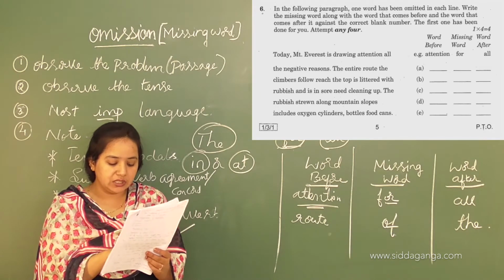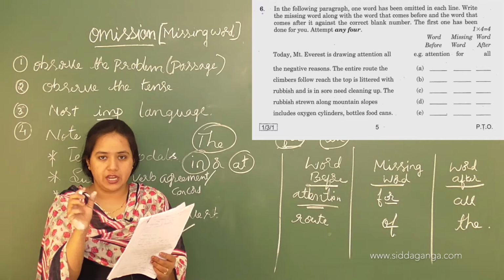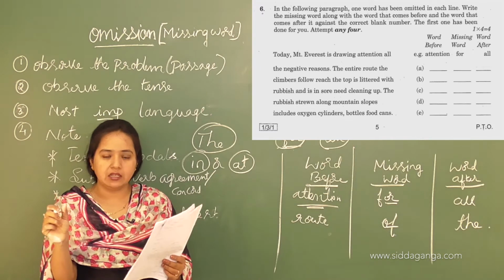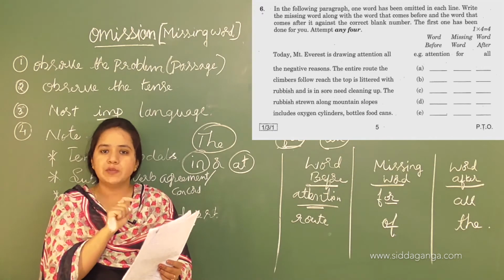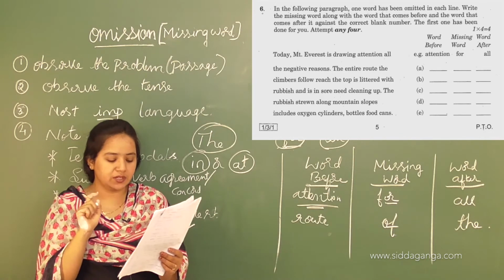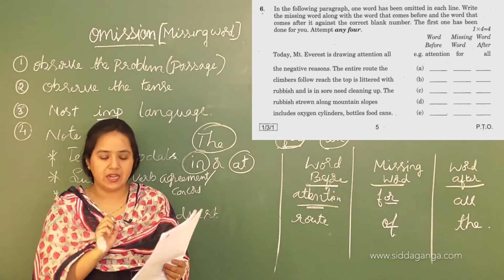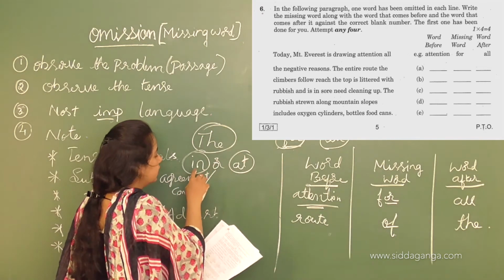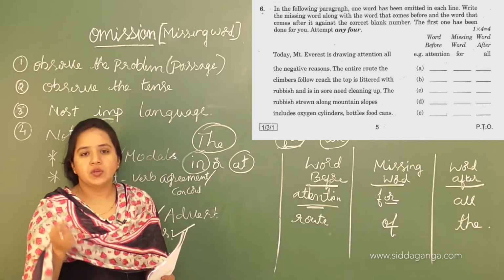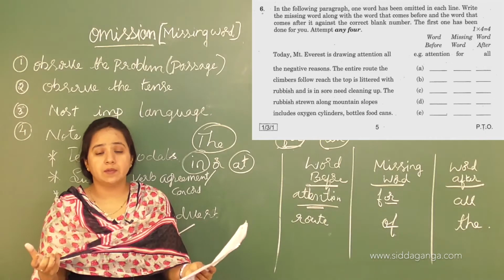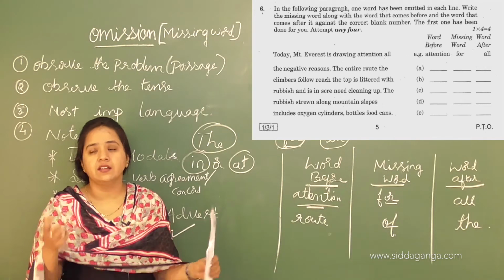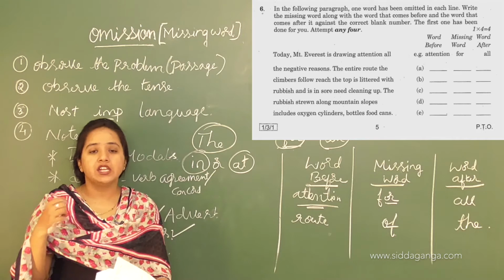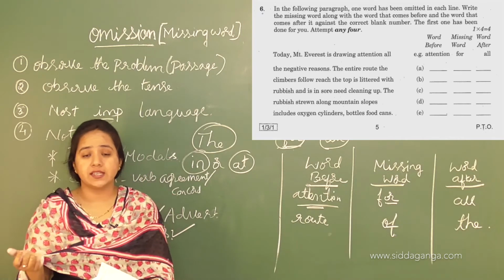Between "reach" and "the", the word is missed. What is that? It is "in" or "at". "In" is a preposition of place used with continents, cities and states.